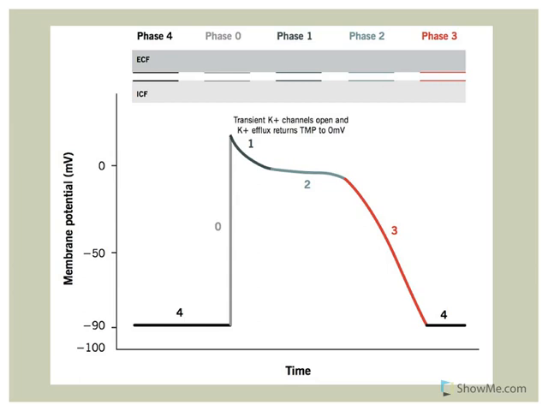I'm going to start here with phase 0. Phase 0 is the upstroke. What you see is rapid depolarization. Look how quick, it's like a straight line up. This is due to the opening of sodium channels.